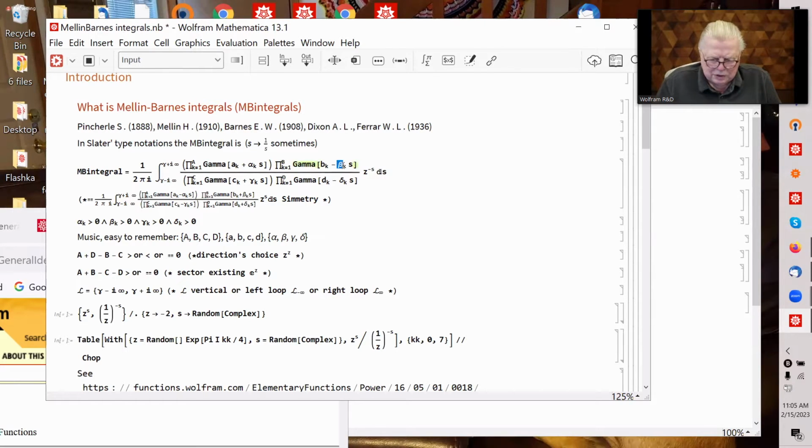including minus, and these coefficients alpha, beta, gamma, delta are positive real numbers. Then C and D. So again here, parameters A, B, C, D are easy to remember, and coefficients alpha, beta, gamma, delta.